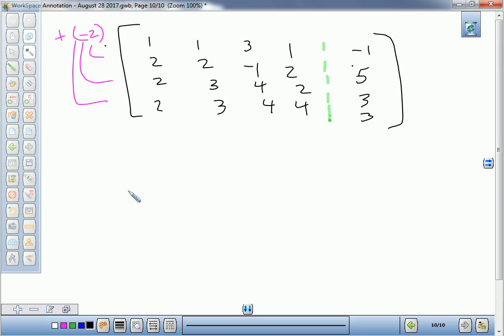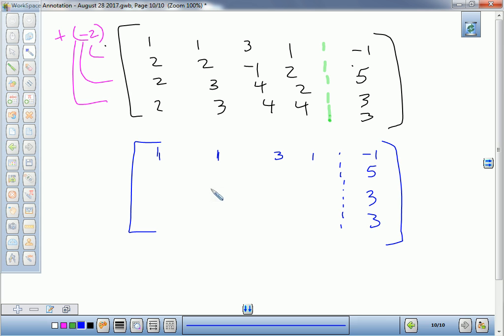Makes that turn into 0. And when I multiply this by -2, it adds a -4. Now, when I multiply this by 3, a -3, it's going to put a -3 there, and it's going to put a -3 here.